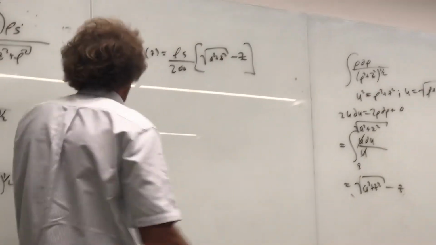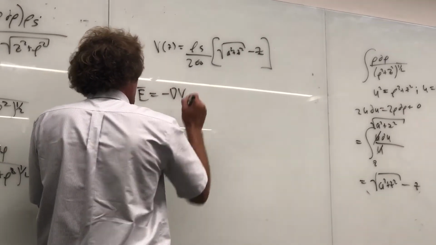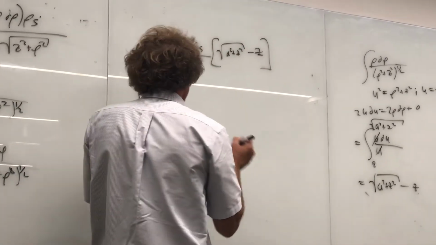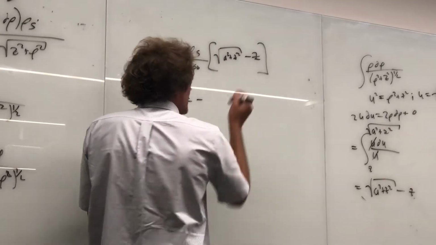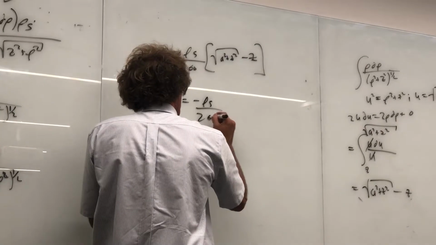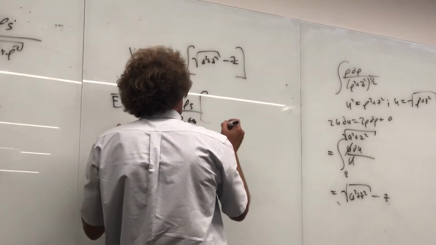Be the negative. Right, now I'm going to say the E field on the z-axis is minus the gradient of V, right? And there's only a z variation, so it's going to be minus the derivative of that with respect to z, right? So it's minus rho s over 2 epsilon naught. And then when I take the derivative of the first term with respect to z, what do I get?